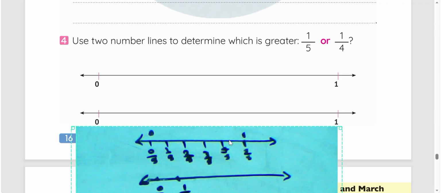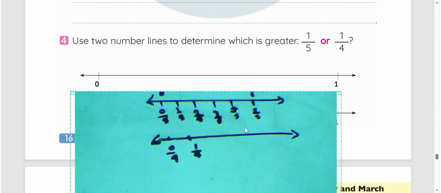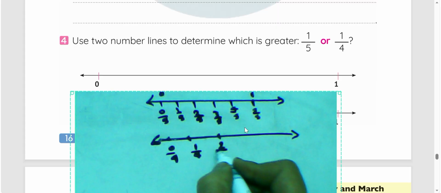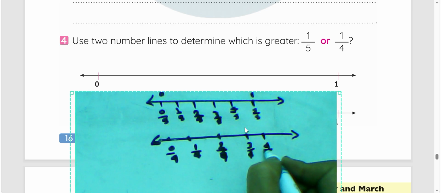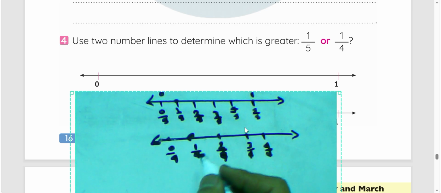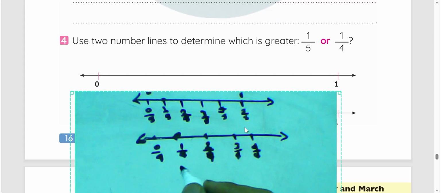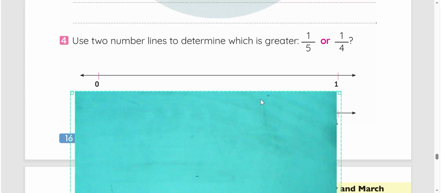Which is more? 1 over 5 or 1 over 4? We have 1 over 4 is greater. 1 over 4, 2 over 4, 3 over 4, and 4 over 4. Then 1 over 4 is greater than 1 over 5. We can use a number line like this to compare between two numbers. Next question.